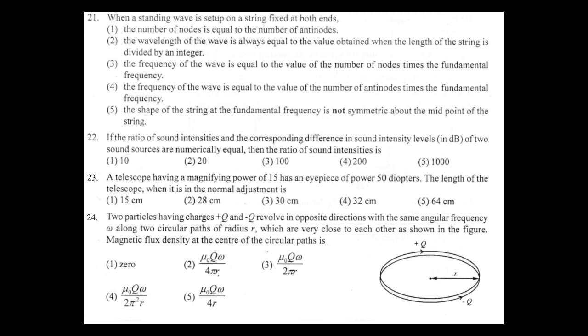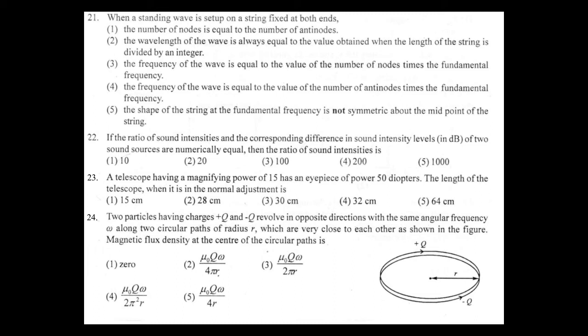If the sound intensities of two sound waves are I1 and I2, and the ratio of the sound intensities is I1 over I2, then the difference in sound intensity levels in decibels is 10 log I1 over I2.